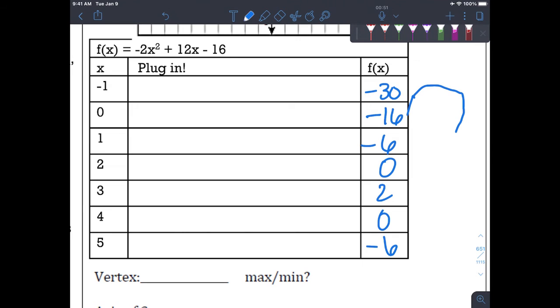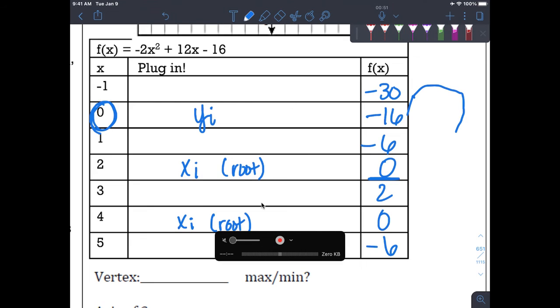Now, I look at this, I see, oh, y-value is equal to 0, that's an x-intercept, also called my root or my zero. Now, I see over here, x is equal to 0, that's the y-intercept where it touches.